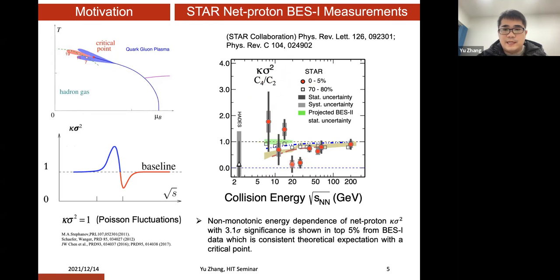But you can also see below 20 GeV, there's still a large statistical error bar. The BES-II analysis, we hope, will shrink the error bar and confirm this non-monotonic trend. So our new measurement at 3 GeV will fill this gap of the energy dependence trend.